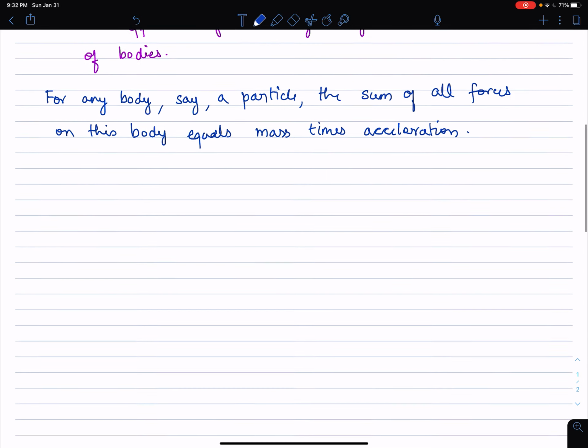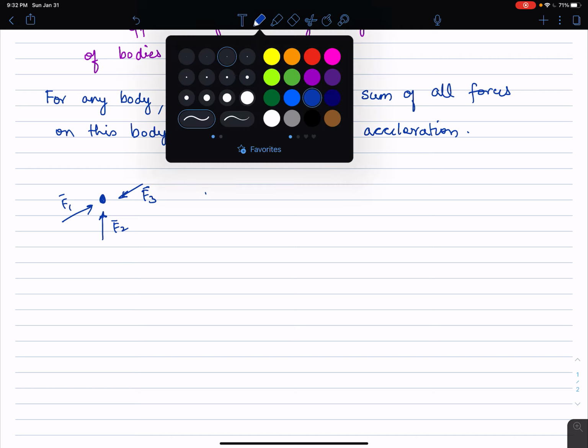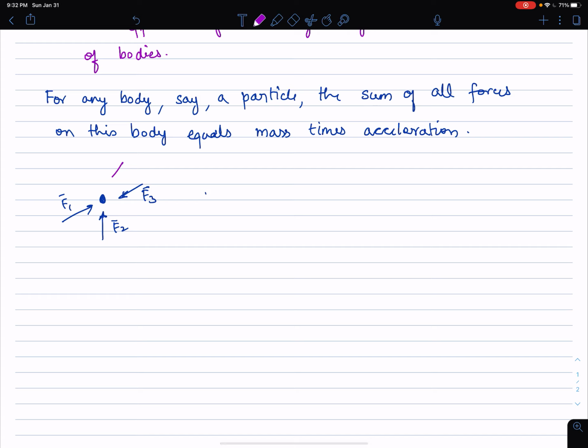Okay, you're all familiar with this. So you have an object here, and we have some force, F1, maybe F2, some other force, F3, etc. These are all vector forces. And then the object has some sort of acceleration in some manner.